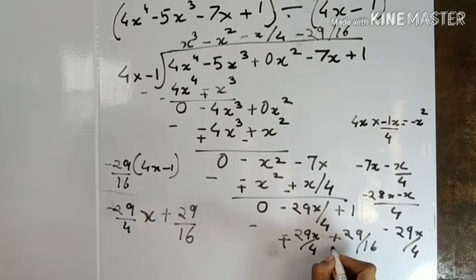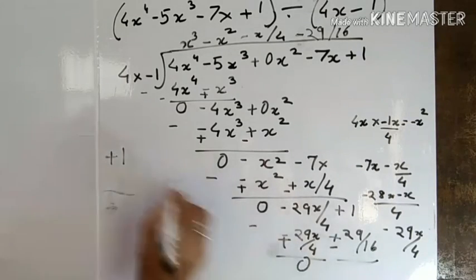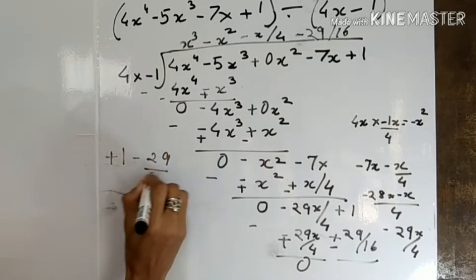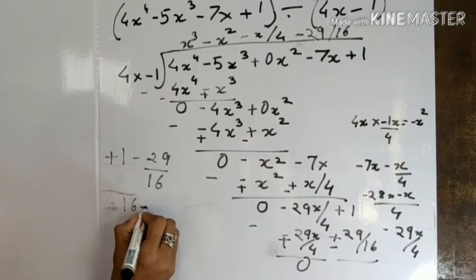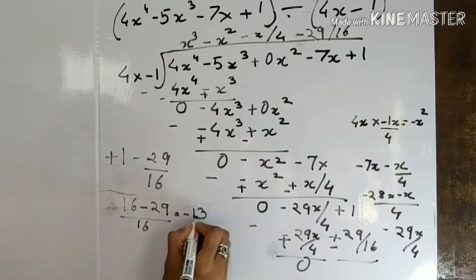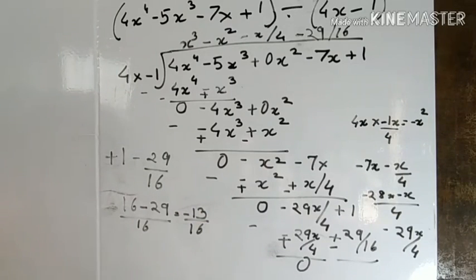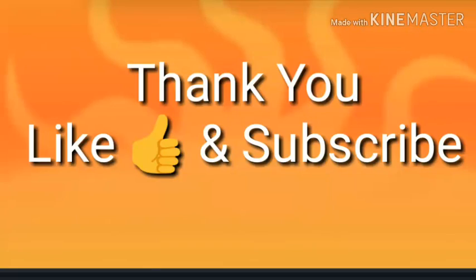Change the signs. This gives me a 0, plus 1 minus 29 upon 16. So making the denominators equal, I have 16 minus 29 upon 16, which gives me minus 13 upon 16. So that becomes my remainder. So minus 13 upon 16 is my remainder, and this becomes my quotient.